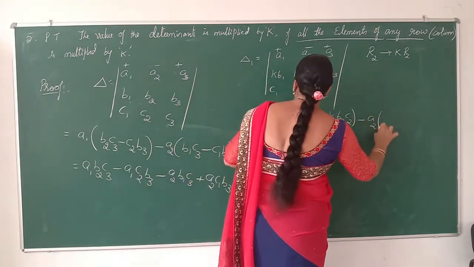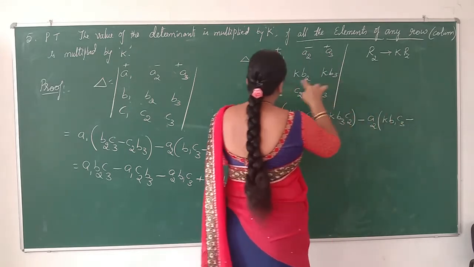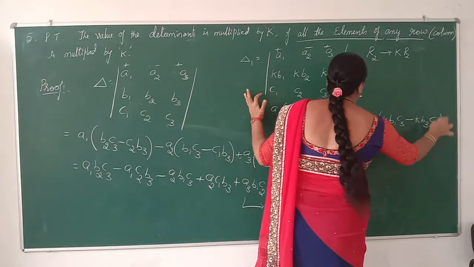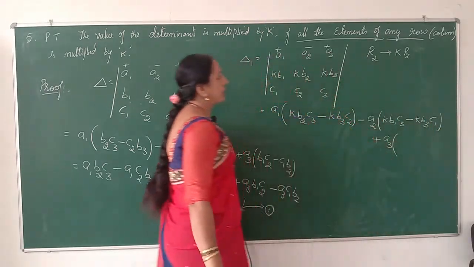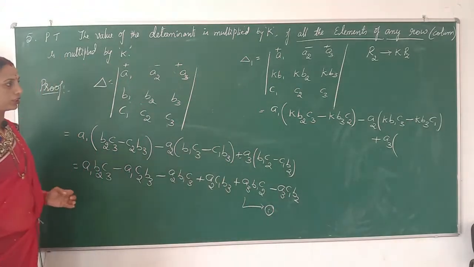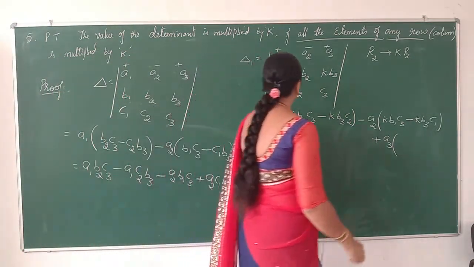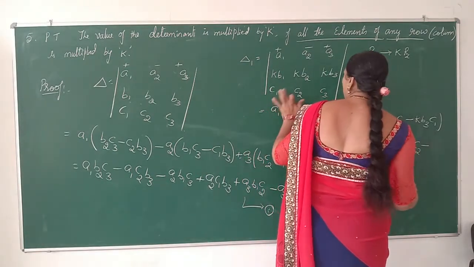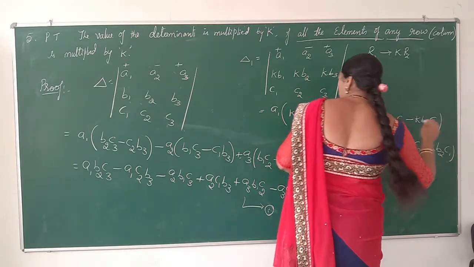Minus A2 of K B1 C3 minus K B3 C1. Then the third element is A3, where A3 is an element of the first row, third column, and those get neglected and the remaining are cross multiplied: K B1 C2 minus K B2 C1.